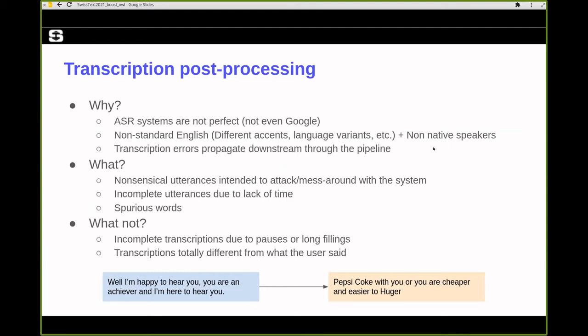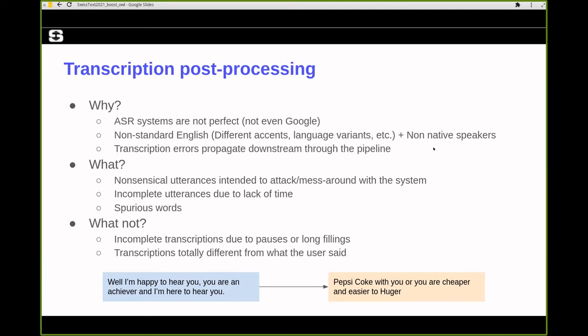First, because the ASR systems are far from perfect, not even Google. The system we are using is Google, and we have faced several and sometimes surprising mismatches in the transcriptions.